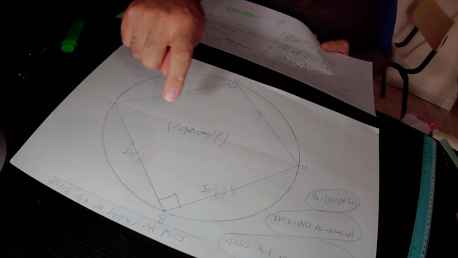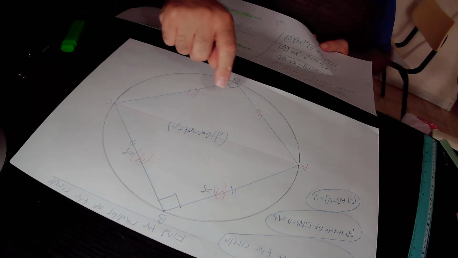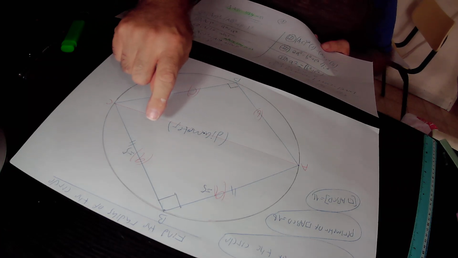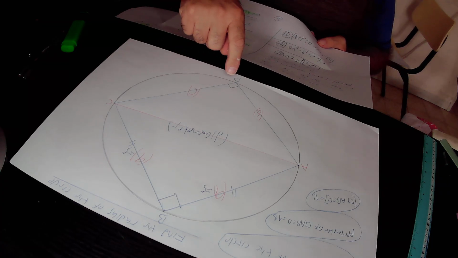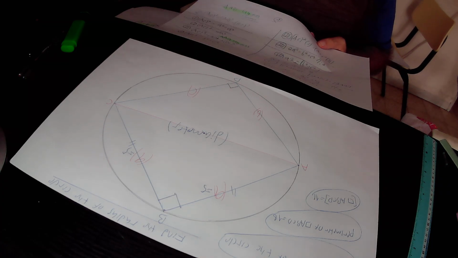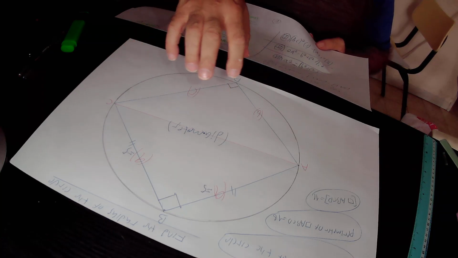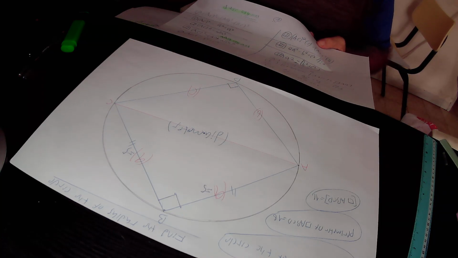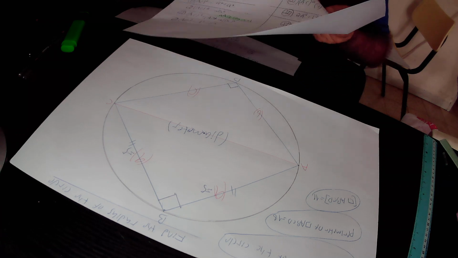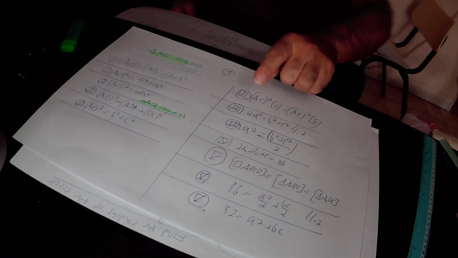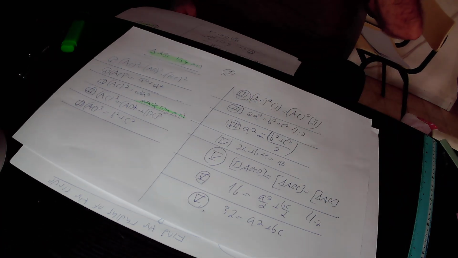AB is A, BC is also A, so AB plus BC is 2A, plus CD, that is C, plus DA, that is B. So 2A plus B plus C equals 18.